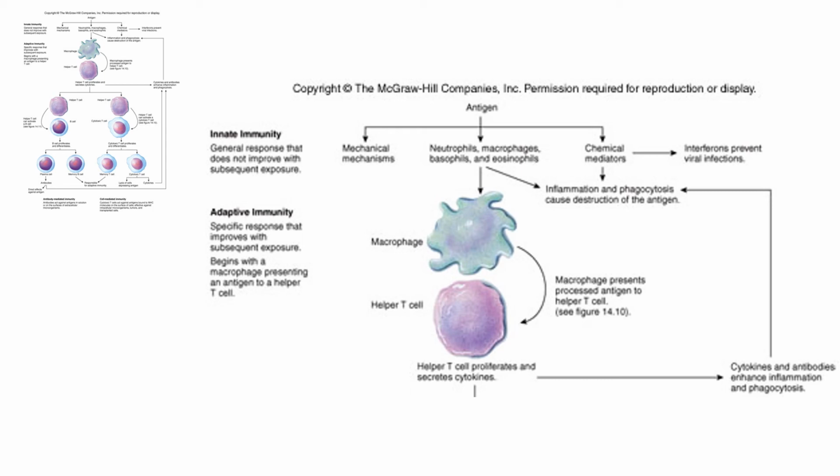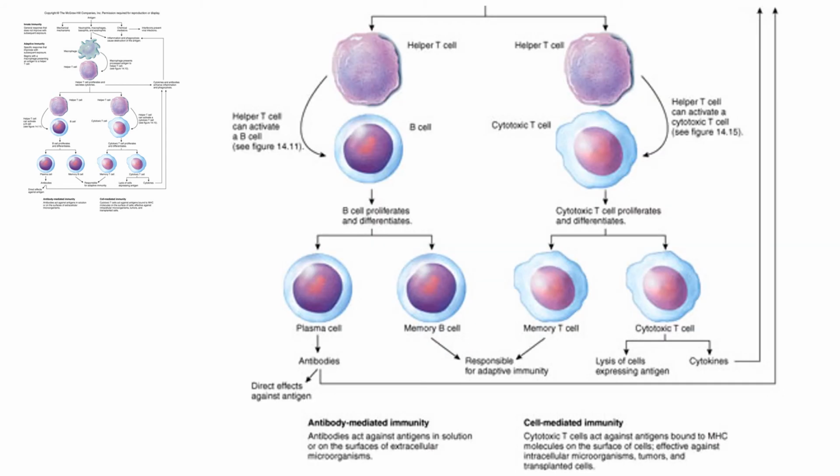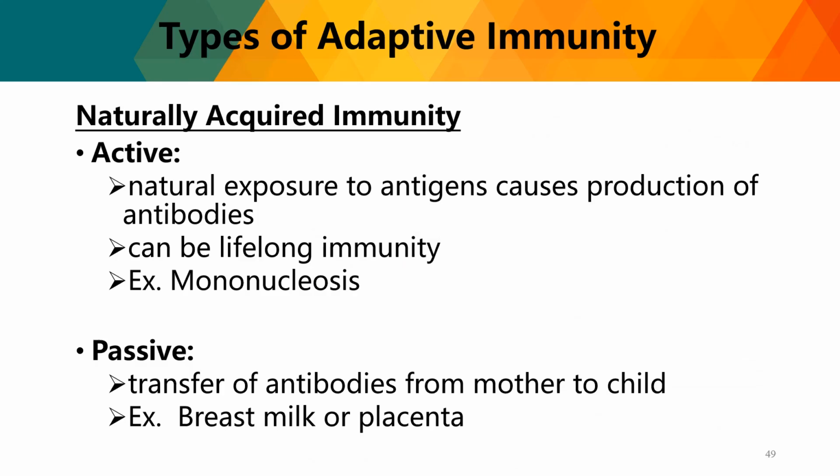And you also have here the cell-mediated immunity, wherein cytotoxic T cells act against antigens bound to your MHC molecules on the surface of the cells, and they are effective against intracellular microorganisms, tumors, and transplanted cells.